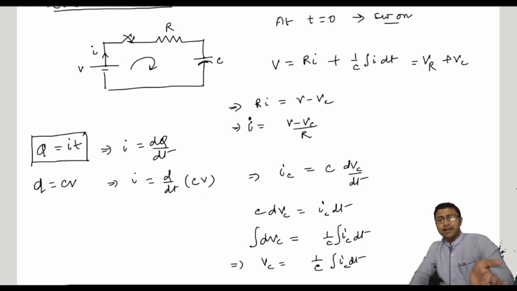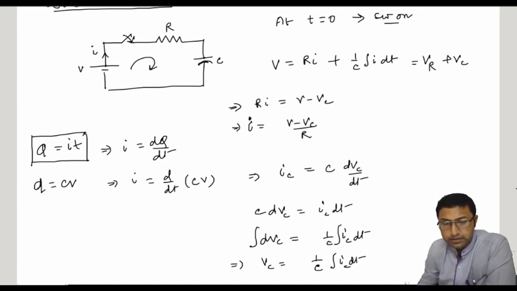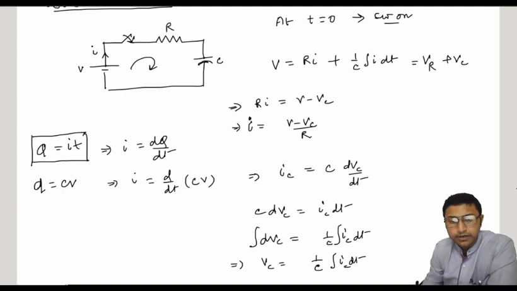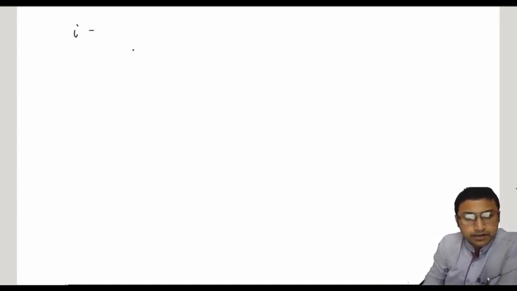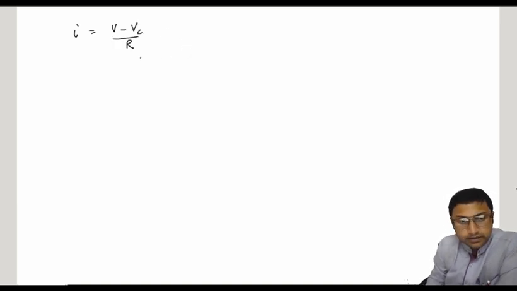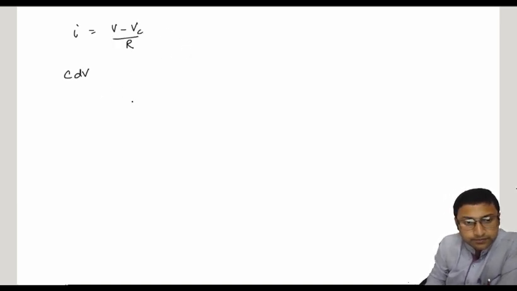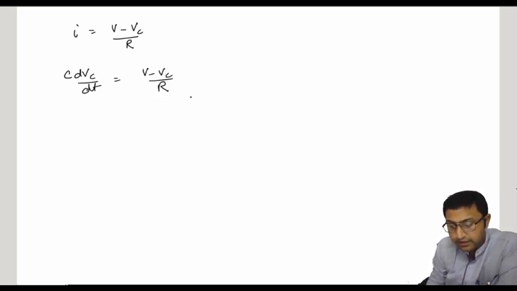Here the current IC or IR or total I, it is the same because this is a series current. Okay, so now I equal to what? V minus VC by R. If I put the value of I, that is very simple, I equal to V minus VC by R. So C dVC dt is equal to V minus VC by R.